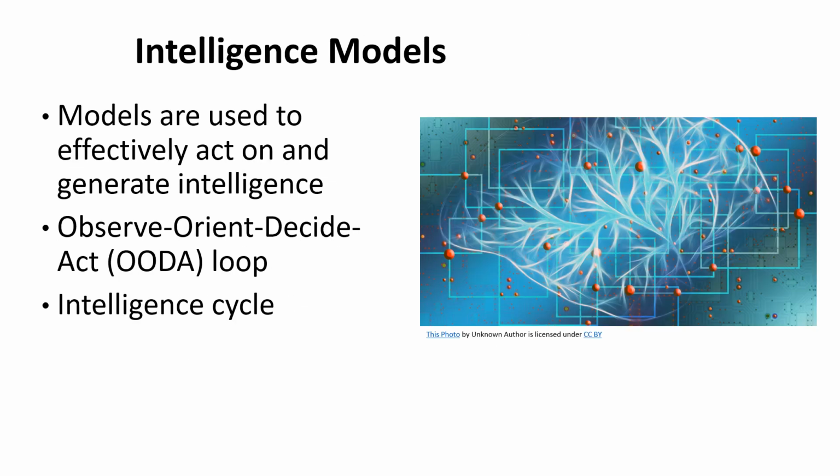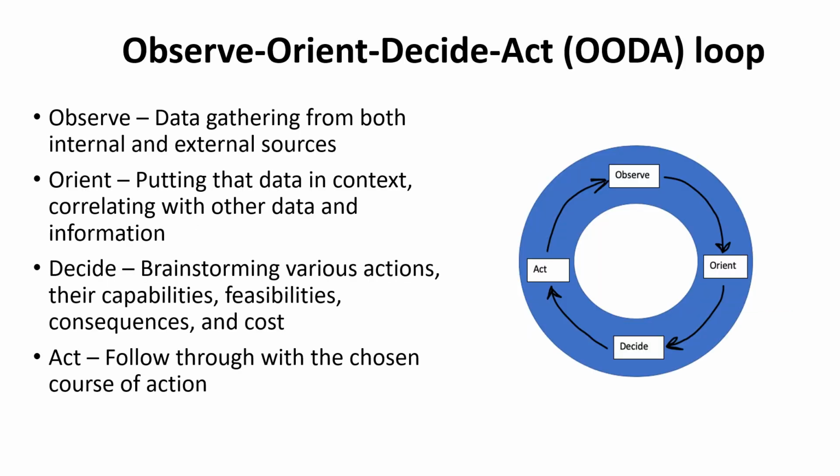Models are used to effectively act on and generate intelligence. Two models that will be discussed are the Observe, Orient, Decide, Act, OODA loop, and the Intelligence Cycle model. In the OODA loop, Observe stands for data gathering from both internal and external sources.